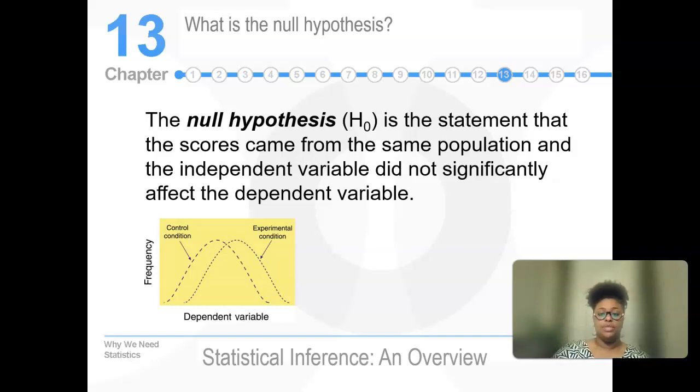That represents the null hypothesis. When you think of null, just think about the word no. There is no significant difference between our variables, our IV onto our DV, null hypothesis.